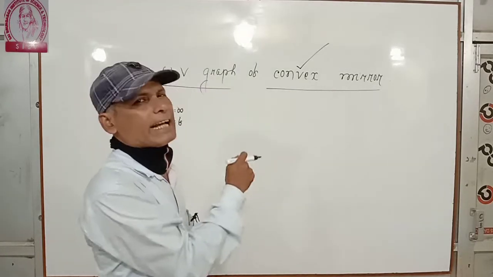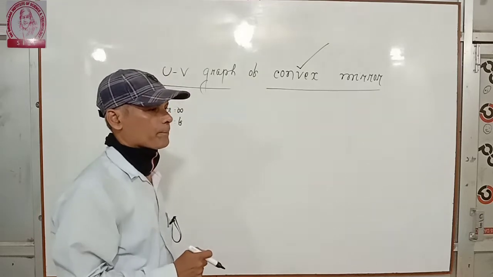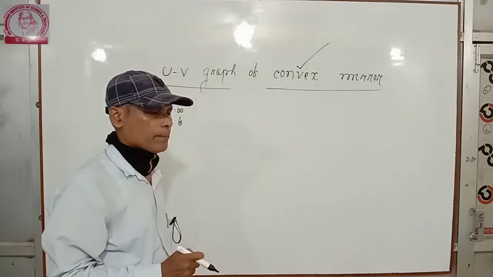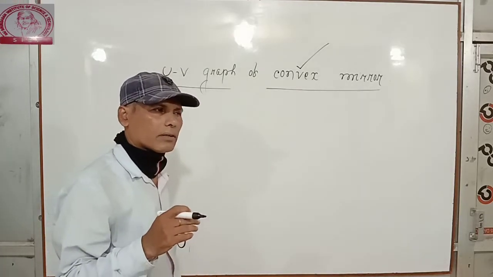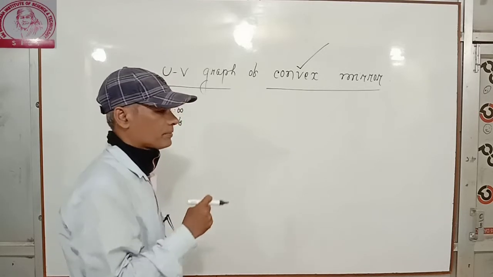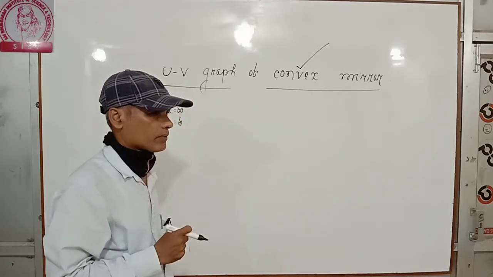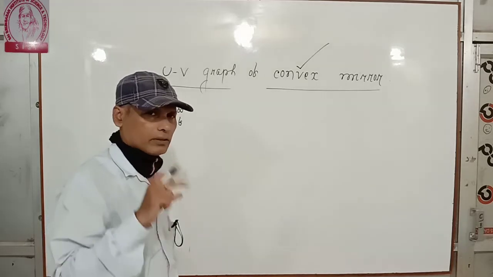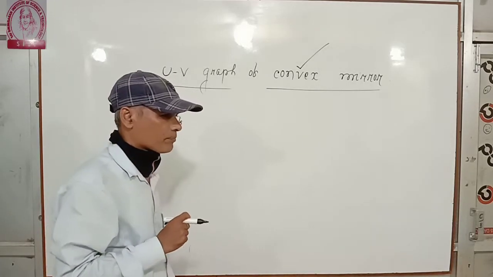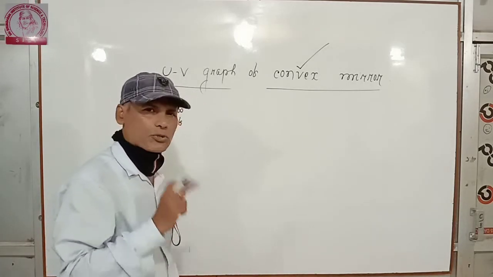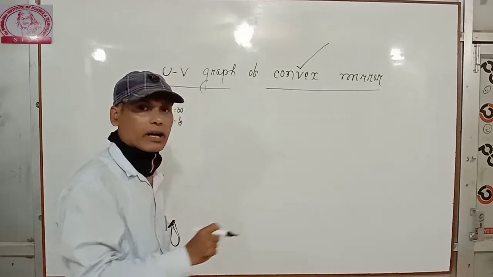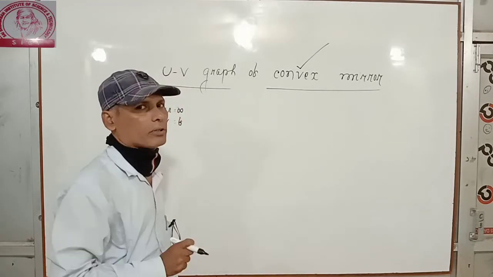Focus on all the ray diagrams. You observe the length of the image as well as the image distance from the pole.